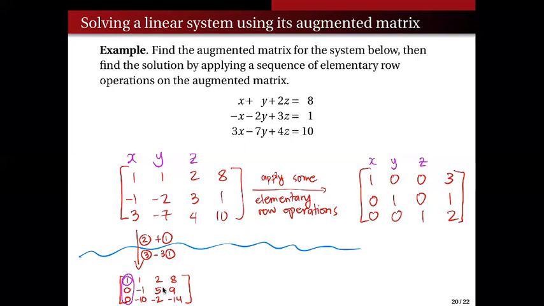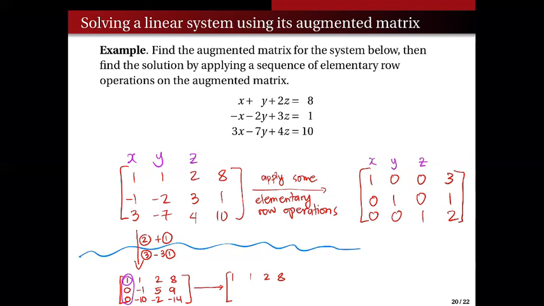So meaning on these steps here, we will no longer touch, at least for now, row 1. So row 1 will remain as 1, 1, 2, 8 until we need it again. So look at rows 2 and 3 only.